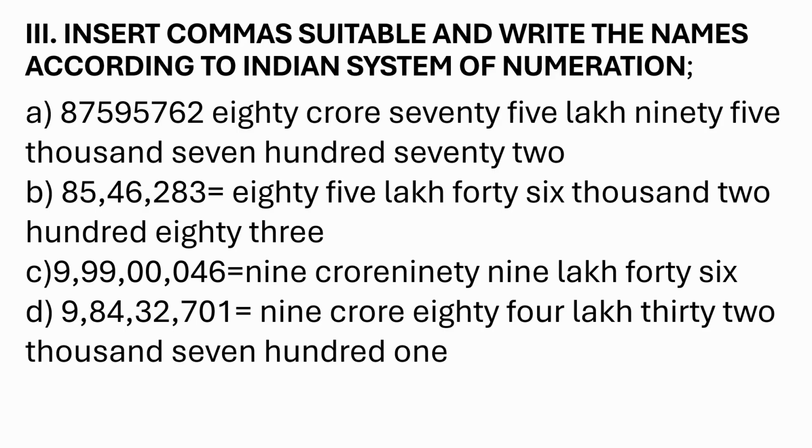The places are ones, tens, hundreds, thousands, 10,000s, lakhs, 10 lakhs, crores. 80 crore, 75 lakh, 95,772, not 72, 62. 2 is in ones place, 6 is in tens place, 7 is in hundreds place, 5 is in thousands, 9 is in 10,000s, lakhs, 10 lakhs, crores. So 8 crores, 75 lakhs, 95,762.